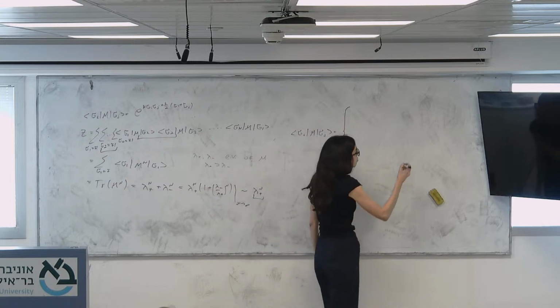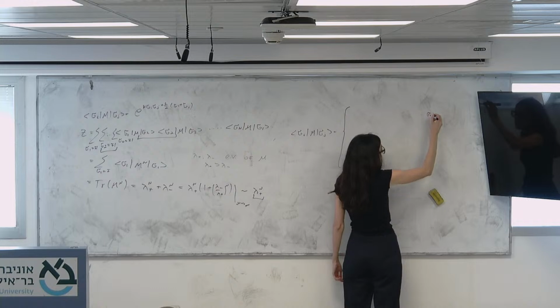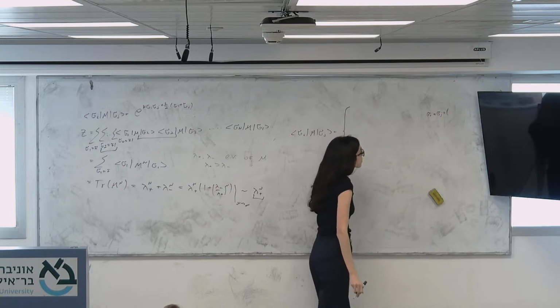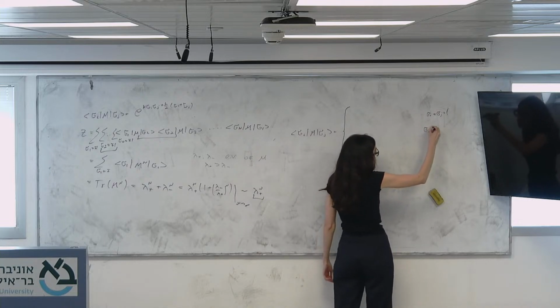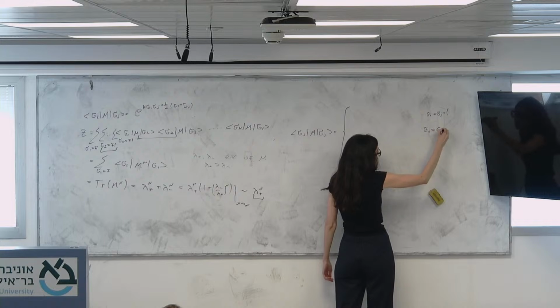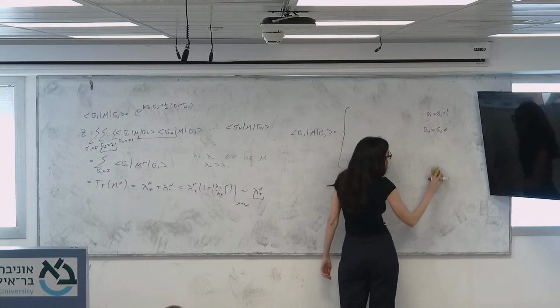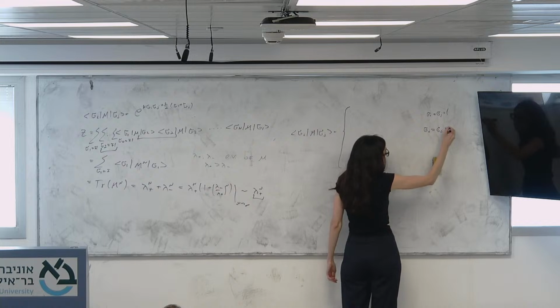So one option is sigma i equal sigma j equal 1, or sigma i equal sigma j equal -1.